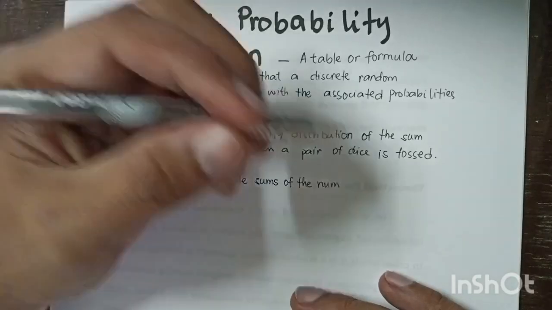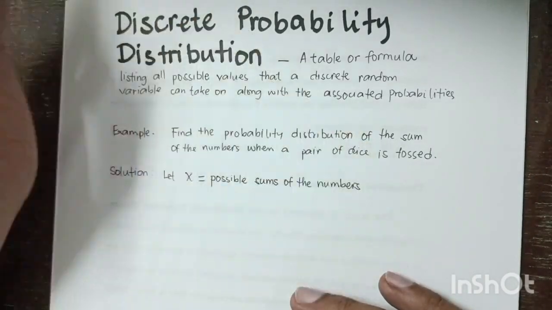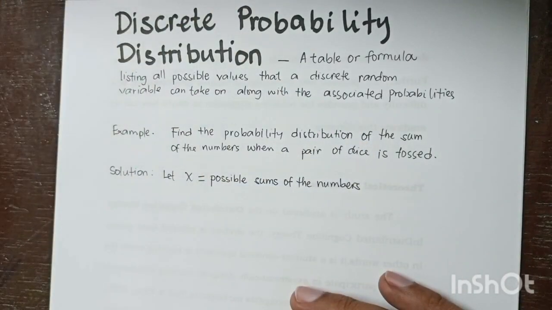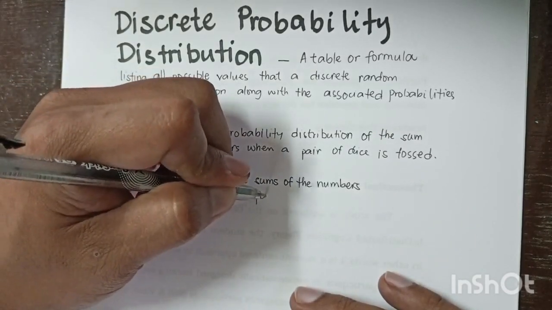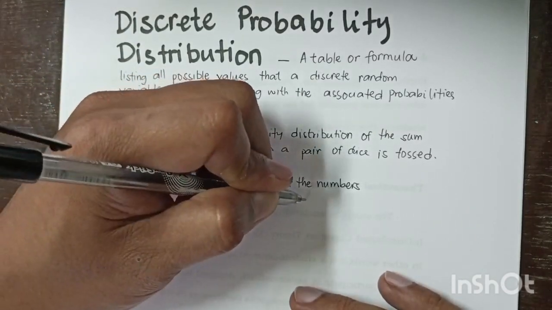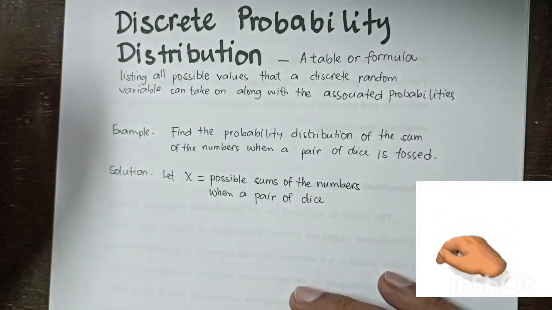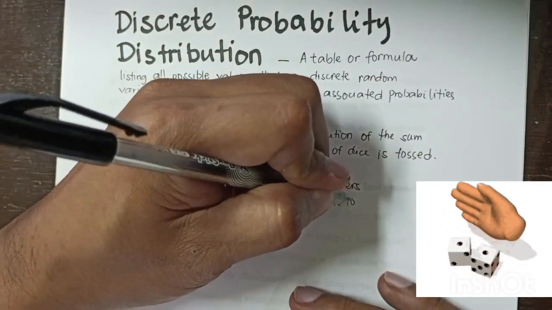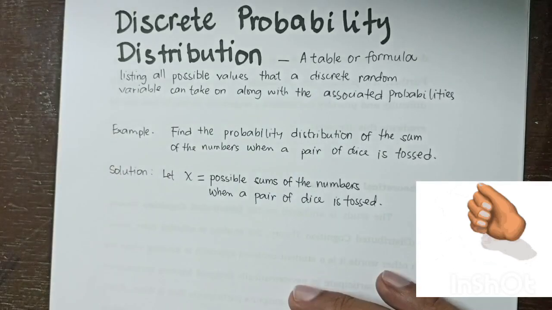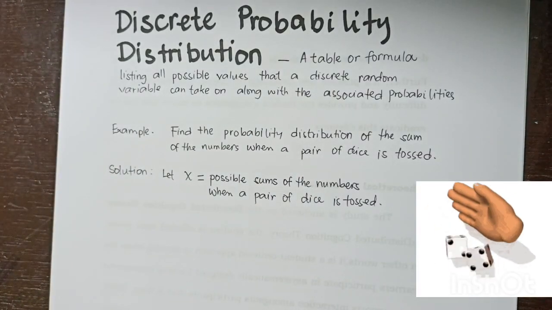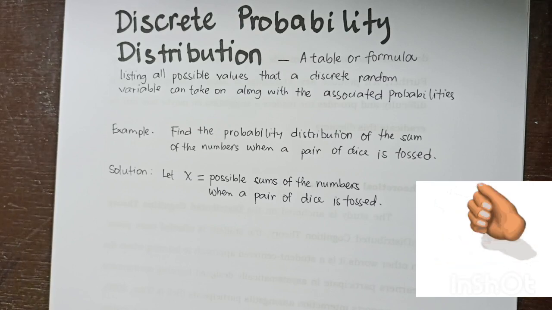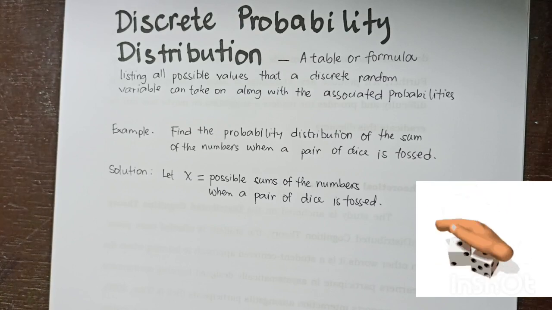So for our solution, we're going to let x be the possible sums of the numbers when a pair of dice is tossed. Take note that in a die, there are 6 possible outcomes.